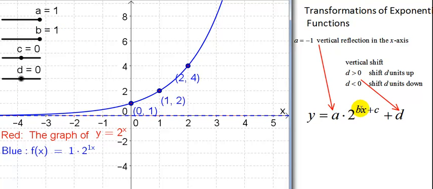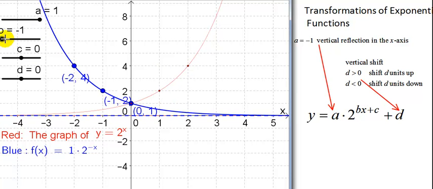Now I want b to be negative 1, so I'm going to multiply x inside the function by negative 1. And what is this going to do? Well, let's take a look. What happens when b is negative 1? Compare our new graph, the blue one, to our parent graph. It is a horizontal reflection about the y-axis.